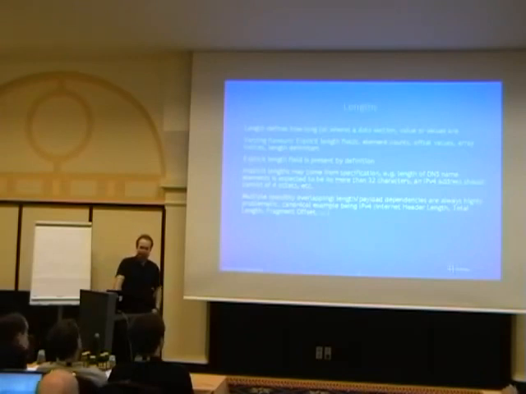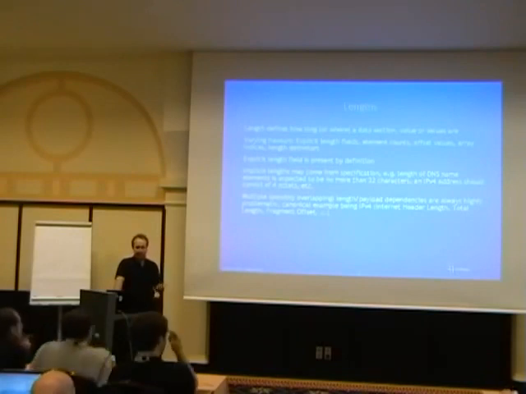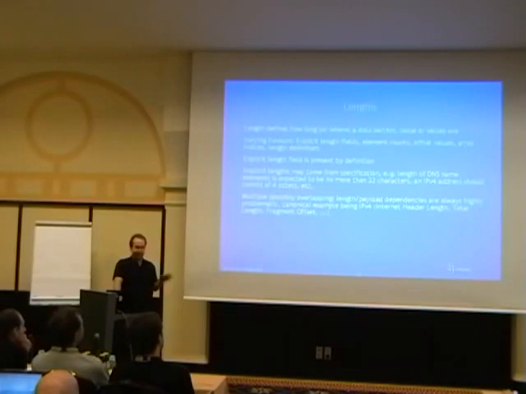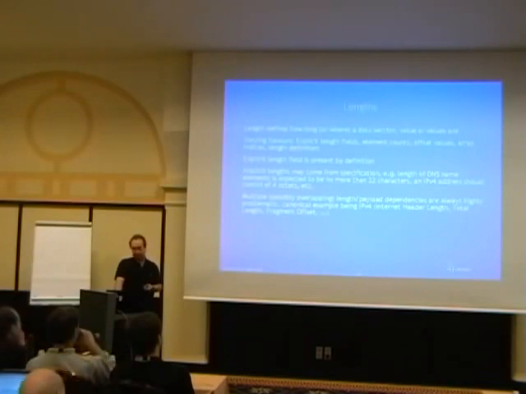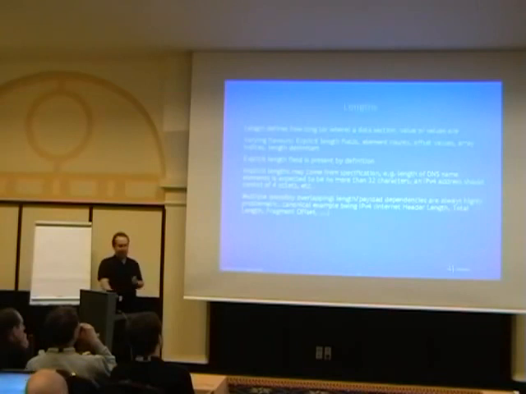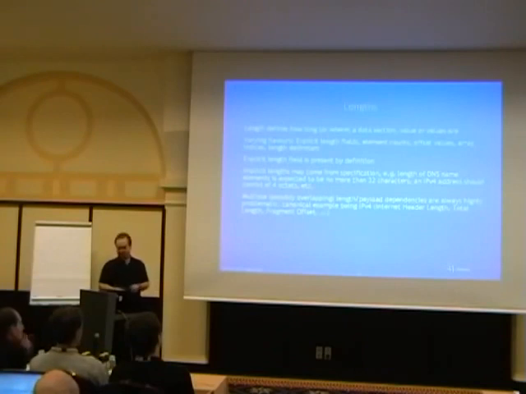There can be varying flavors of lengths. You might have very explicit basic length fields saying, here's a length, and after that will come a structure which is supposed to be of the specified length. But also things like element counts, offset values, array indices, length delimiters, they can also be thought of as length fields.